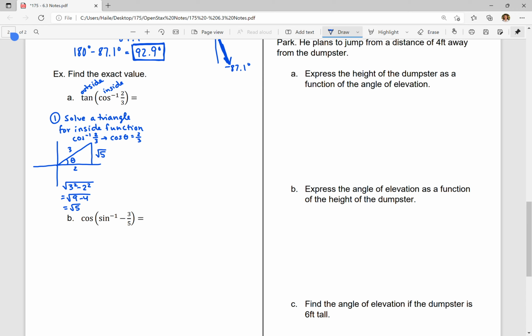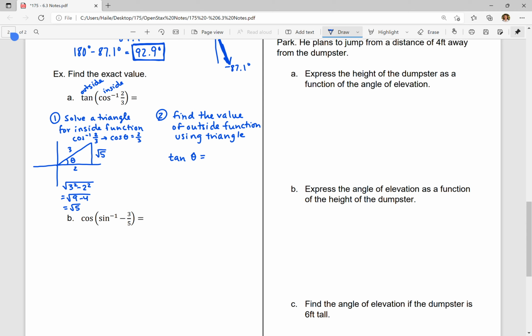Okay, so my second step is going to be find the value of the outside function using the triangle. So in this case, our outside function is tangent of theta.